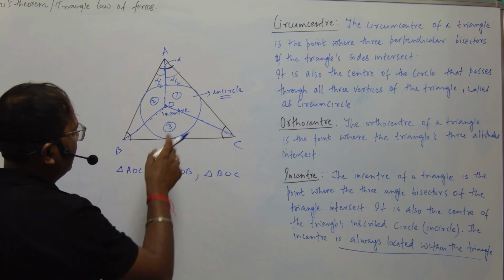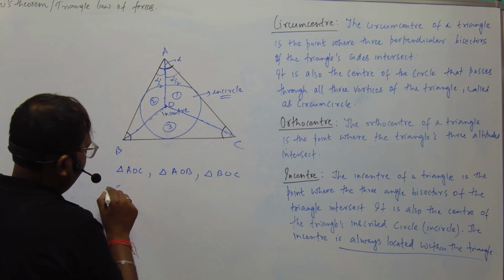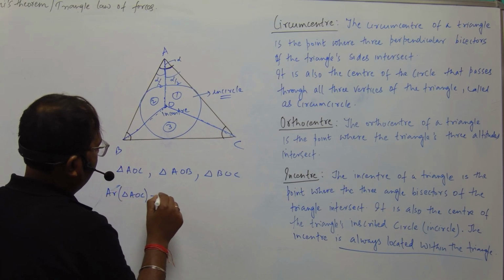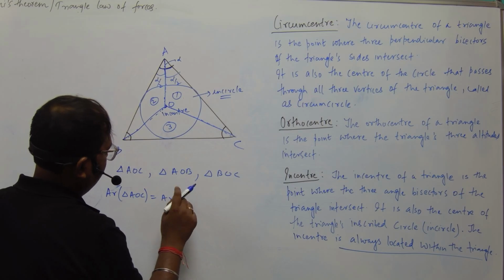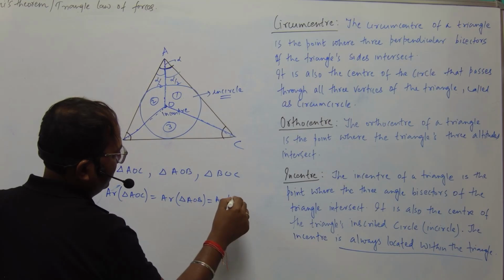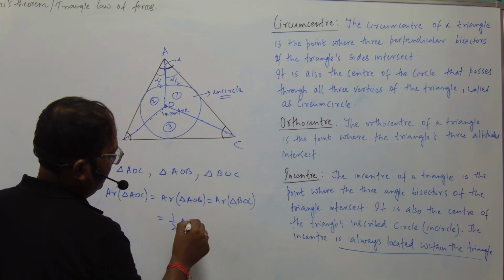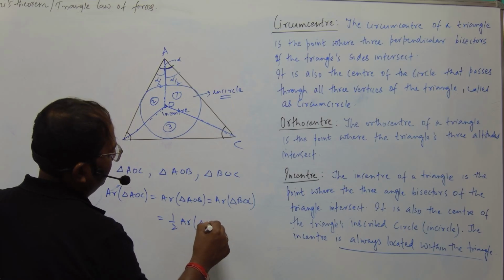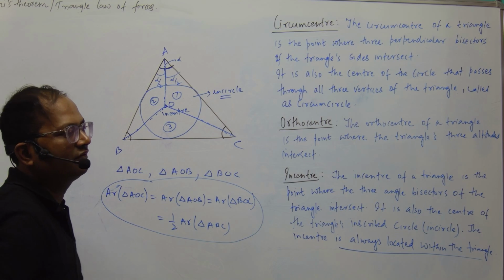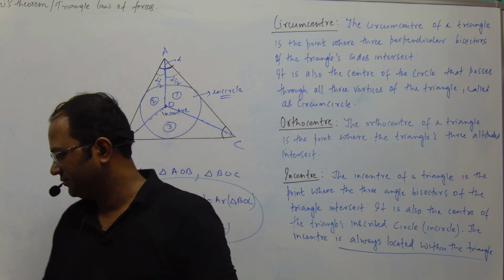The areas of these triangles are equal: area of triangle AOC is equal to area of triangle AOB, is equal to area of triangle BOC, is equal to half of the area of triangle ABC. These are the concepts required for solving such questions, so let us solve them one by one.